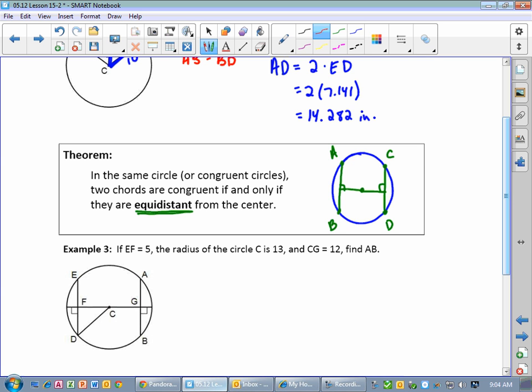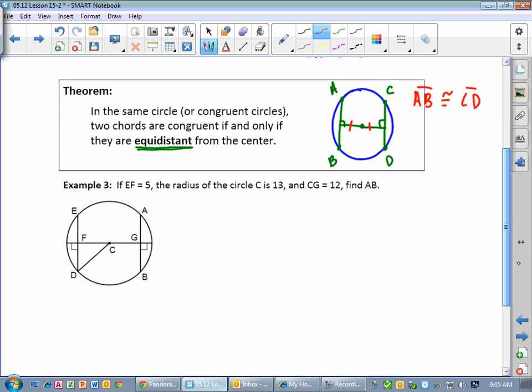These 2 chords, AB and CD, are congruent if and only if this is congruent to this. In other words, if this length from here to here is the same as this length from here to here, that implies that AB is congruent to CD. And vice versa. If we know AB and CD are congruent, then this distance must be the same as this distance.